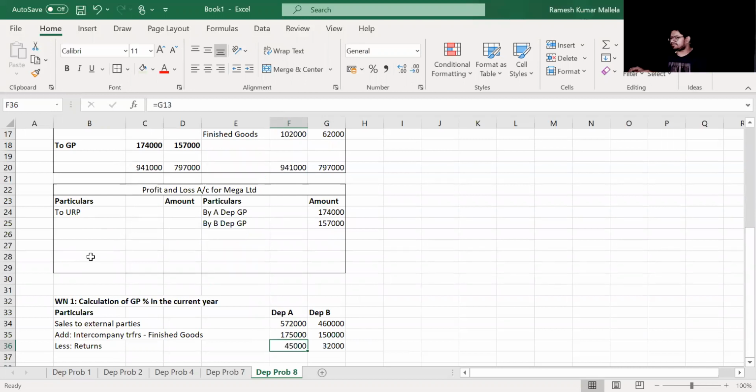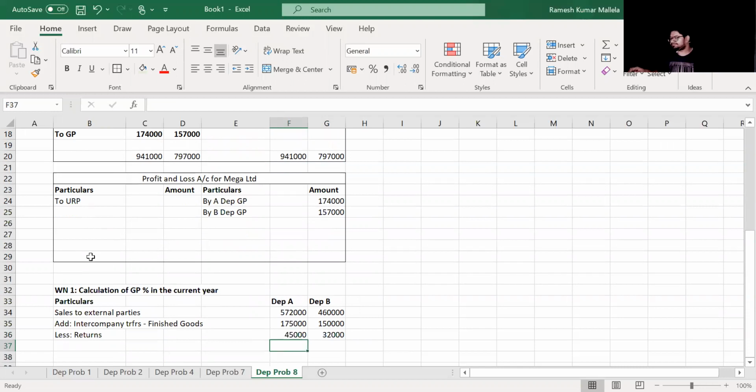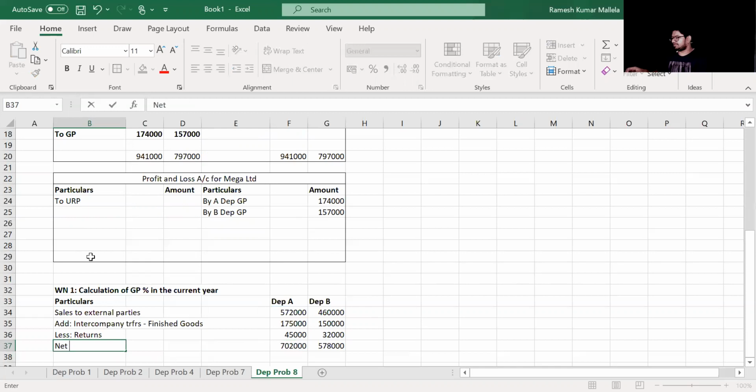So these are the returns which I am supposed to take, because these are returned back to me. Okay. So net is what I have is, so this plus 1,75,000 minus 45,000 is my net sales. Okay. Net sales during the year.